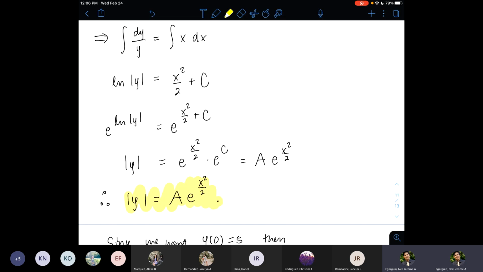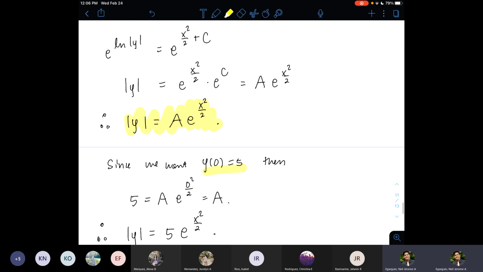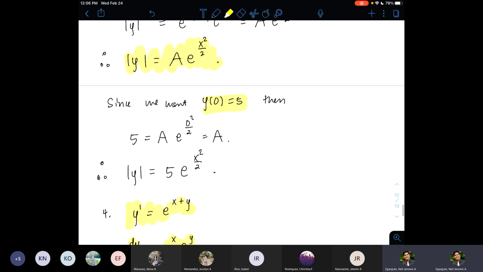But since we are given an initial condition, y of 0 is equal to 5, then I need a particular solution, meaning I need to find what specific value of A will work, such that y of 0 is equal to 5. And essentially, we found out that A is equal to 5, and hence we get this particular solution.